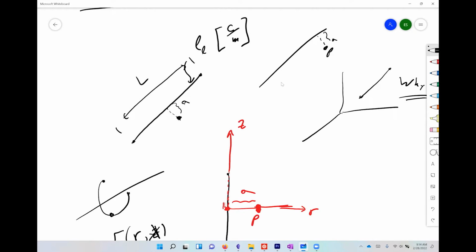What would the equation for the field be if we assume that the length of the line is infinite? L goes to infinity, which is a reasonable approximation in many practical problems, like an overhead line. Your distance from the line is much, much less than the total length of the line.